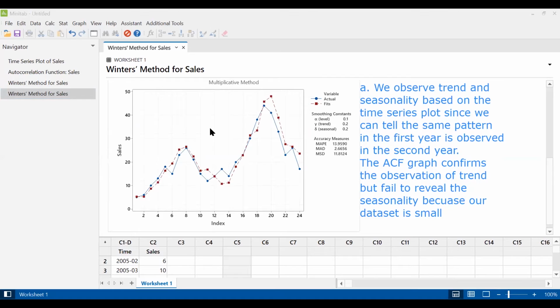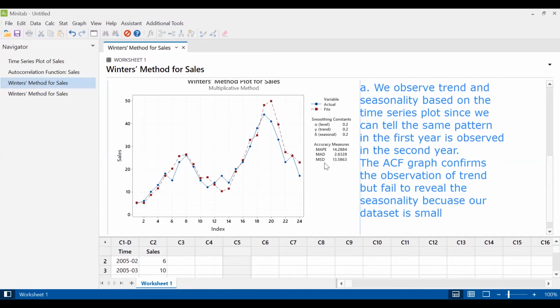Now to choose between these two models, because basically the predictions are very similar, we're going to rely on these criteria, measurements of forecasting errors. For the second one, when we change alpha to 0.1, MSD is around 11.8. Going back, MSD is around 13.5. So that means decreasing alpha makes the forecasting error smaller.